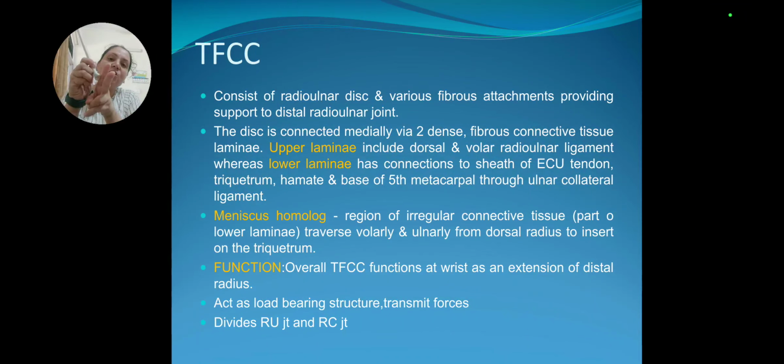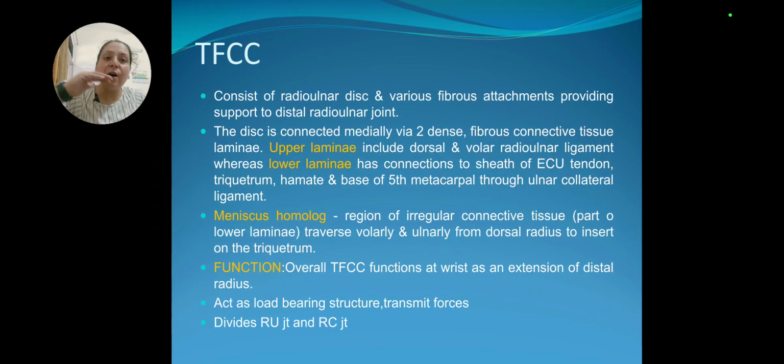As I told you, it forms two V-shaped bands, dorsal and volar, and its base is attached to the ulnar notch of the radius, fine. You can see it is a triangular shaped structure with its apex attached to the ulnar styloid process and its base attached to the ulnar notch of the radius, and it is supported by two laminas.